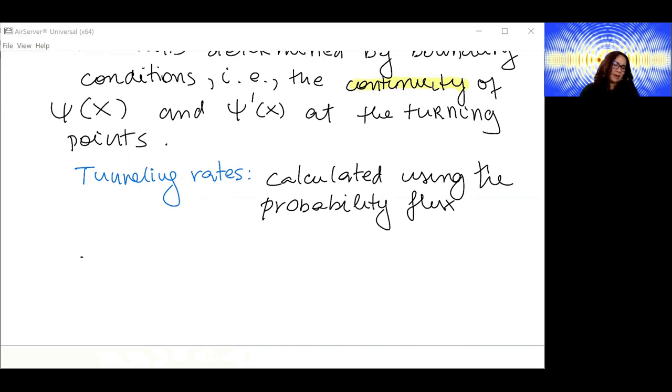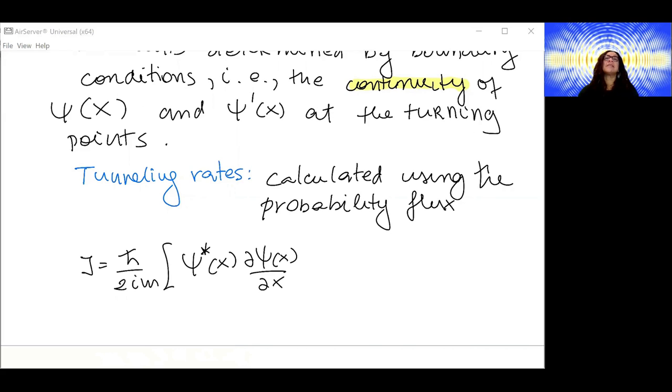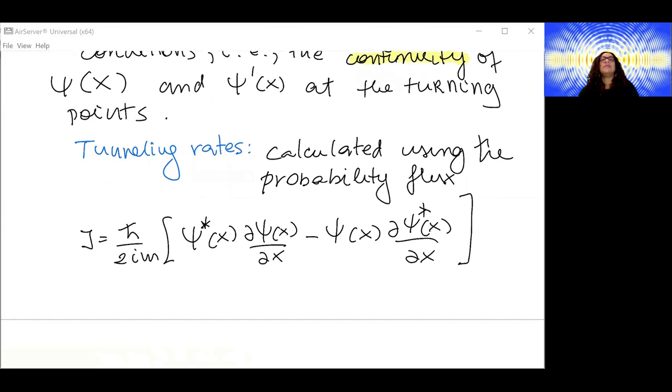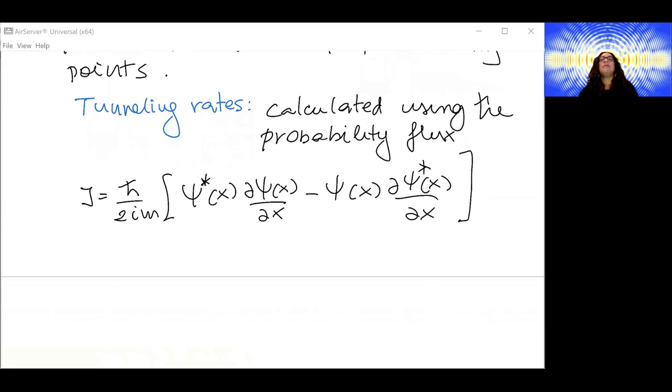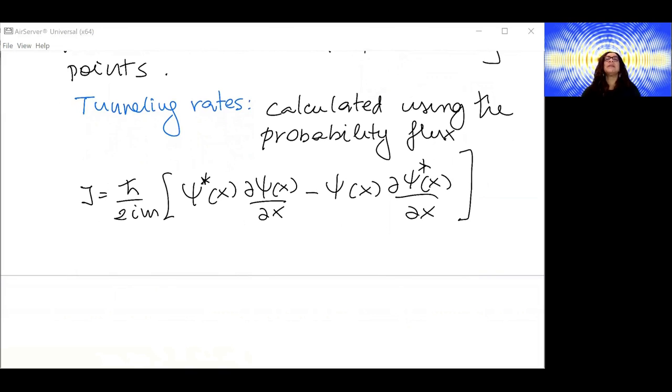So you have J equals ħ over 2im times (psi star dpsi/dx minus psi dpsi star/dx). So this is going to give you probability currents.